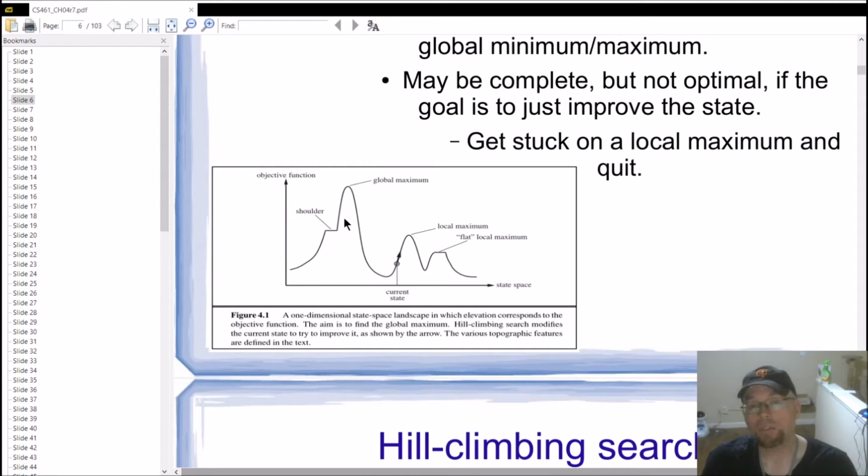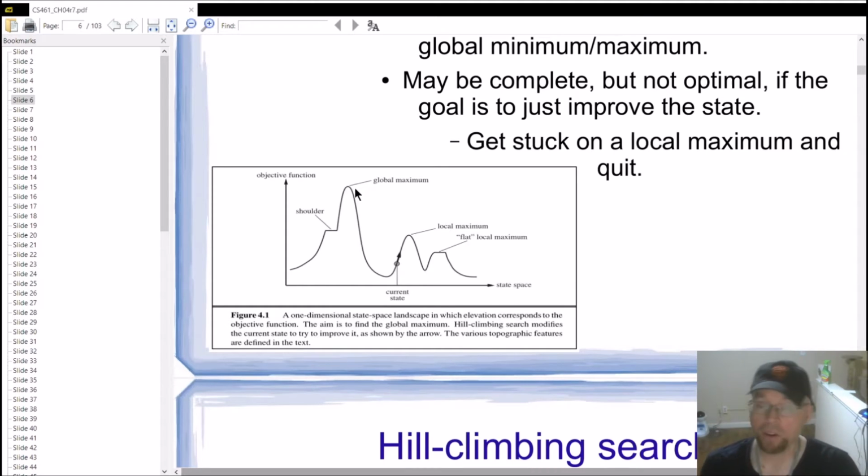Now, if you get to a point where all of the neighbor nodes that would be generated off of a node that the search has come across have a lower value, you've reached a maximum.